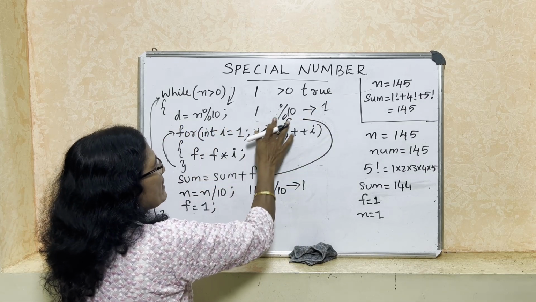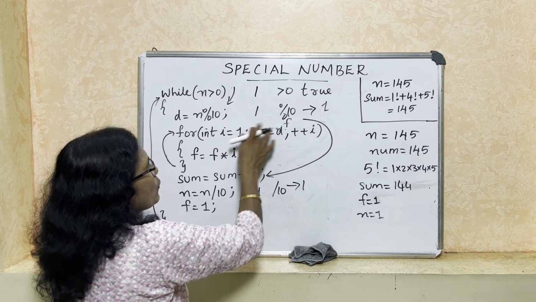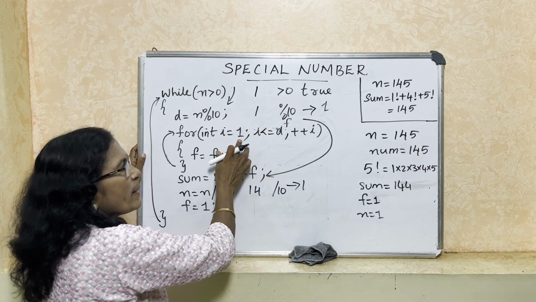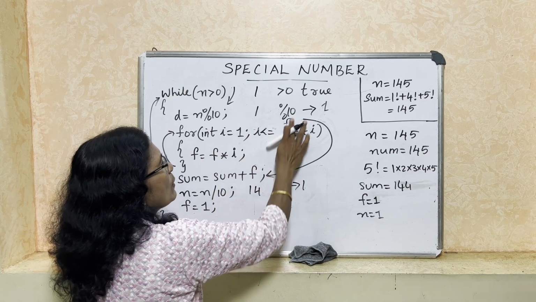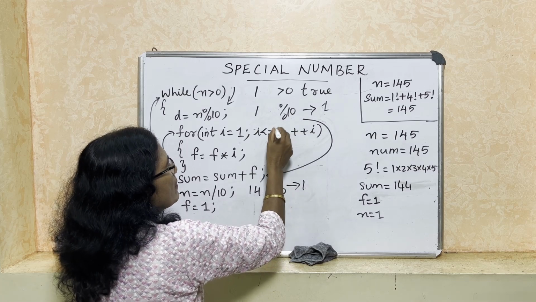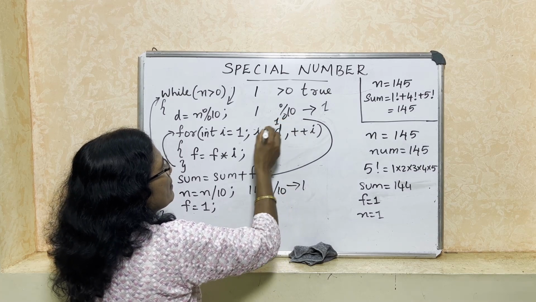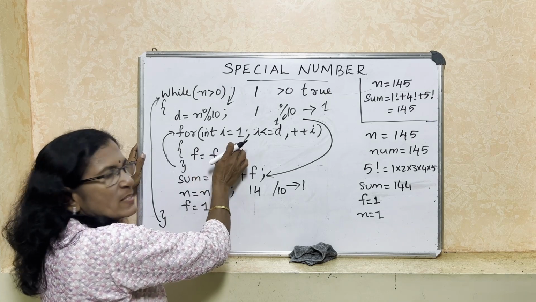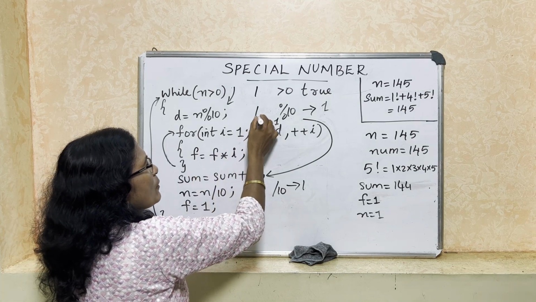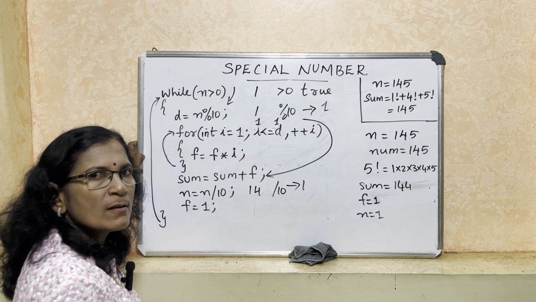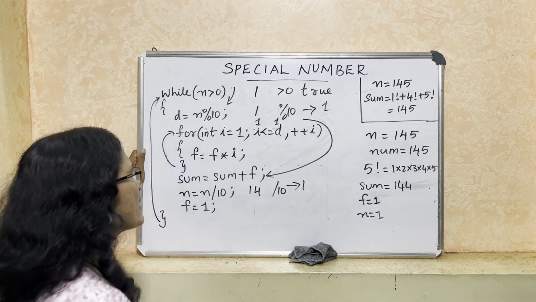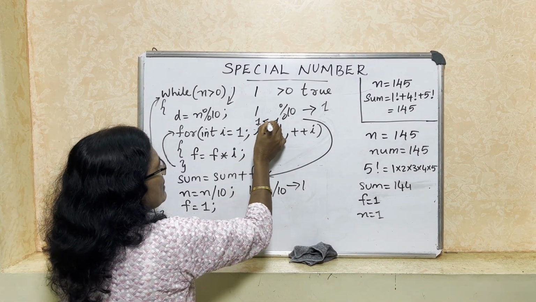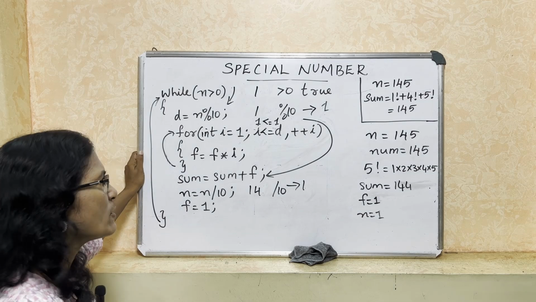In this round of iteration, the for loop takes the value from 1 to 1 as the value of D is 1. So the for loop's index variable I takes the value from 1 to 1. That is, the for loop will be executed only once. 1 less than or equal to 1, the condition is evaluated to true.